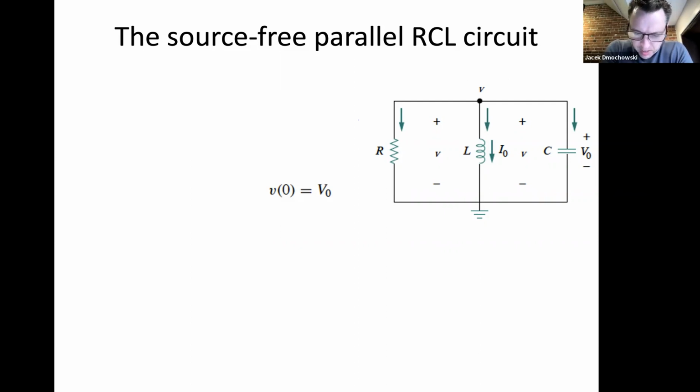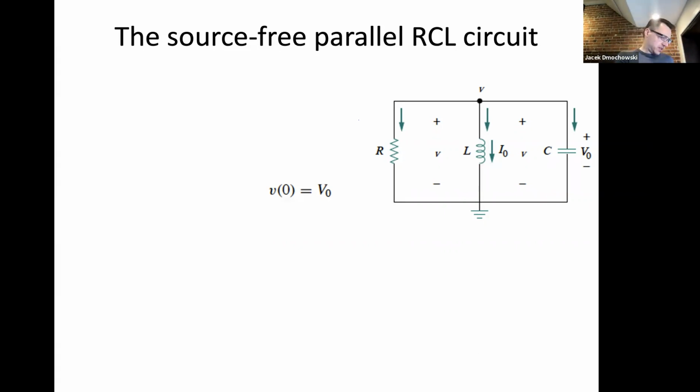We have source-free series RLC, which we just did. Now we're moving on to source-free parallel RLC. And the good news is that all of these are similar, but if you know how to do source-free series RLC, it's very straightforward to be able to handle source-free parallel RLC.